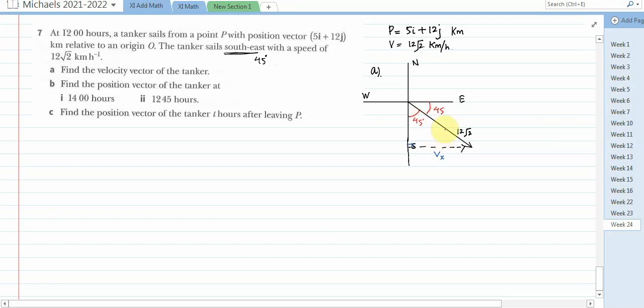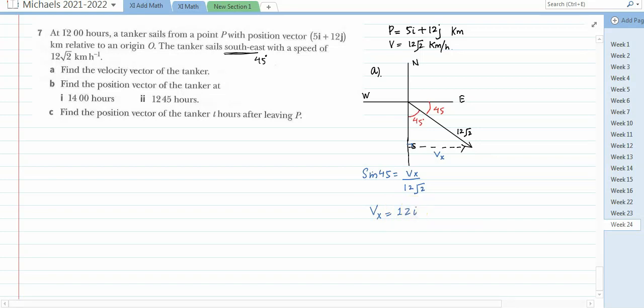If this is your angle, you need to apply sine this time, so sine 45 equals opposite divided by hypotenuse, that is 12 under root 2. So the velocity x component will be sine 45 times root 2 into 12. So it's 12. So velocity x equals 12. The direction is positive, so it's only 12i.